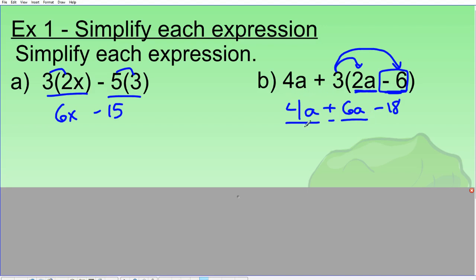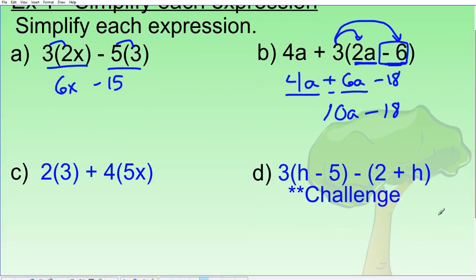I don't need to have 2 separate terms with the same variable. I'm going to group them together. And 4a plus 6a is 10a. It's the same variable. 4 plus 6 is 10. And this negative 18, or minus 18, just comes along for the ride. Distribute, combine like terms. Multiply, nothing else to do.